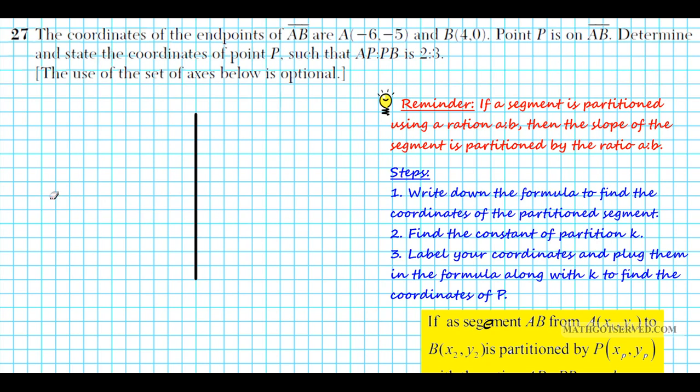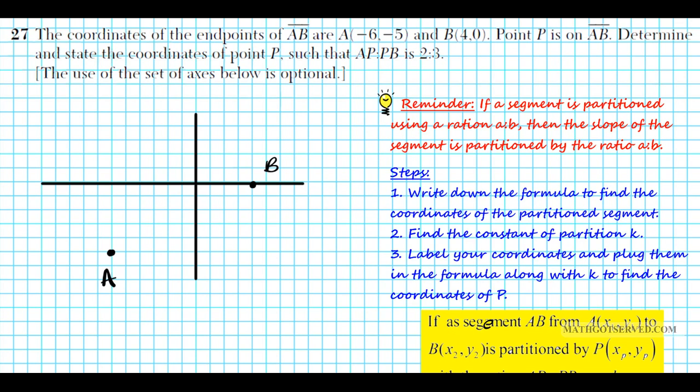So let's sketch the 2 points, the segment, and I'll show you the whole idea of partitioning. A is (-6, -5), and B is (4, 0). That's point A, that's point B, and there goes your segment.